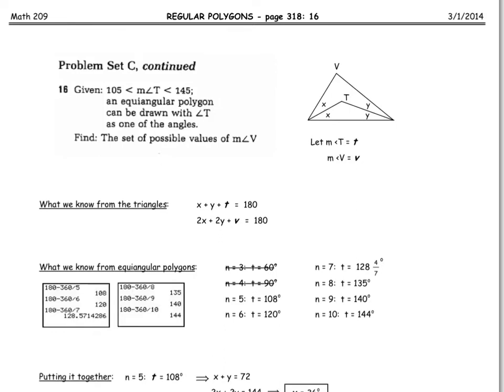I can't just use any T I want, which means I can't use any n that I want. We saw over here that the only n's we could use were 5 through 10. The question is, if we're interested in shortcutting the process, is there any way we could have discovered that n equals 5 to n equals 10 were the only n's that would give us the T's we wanted?